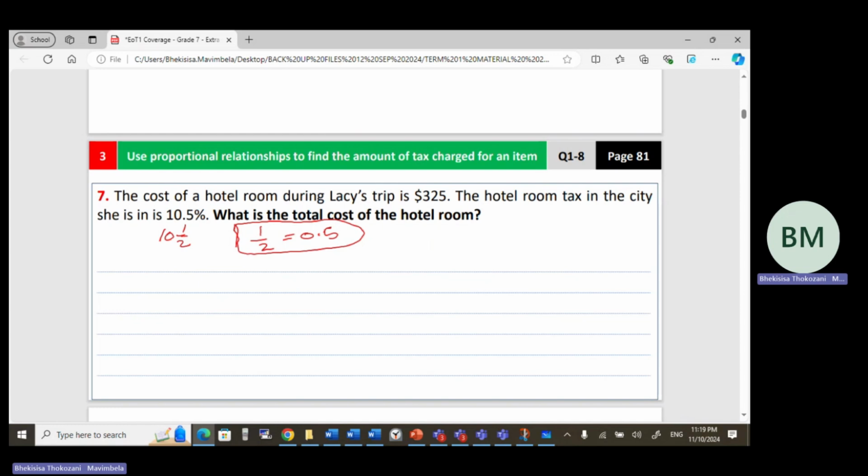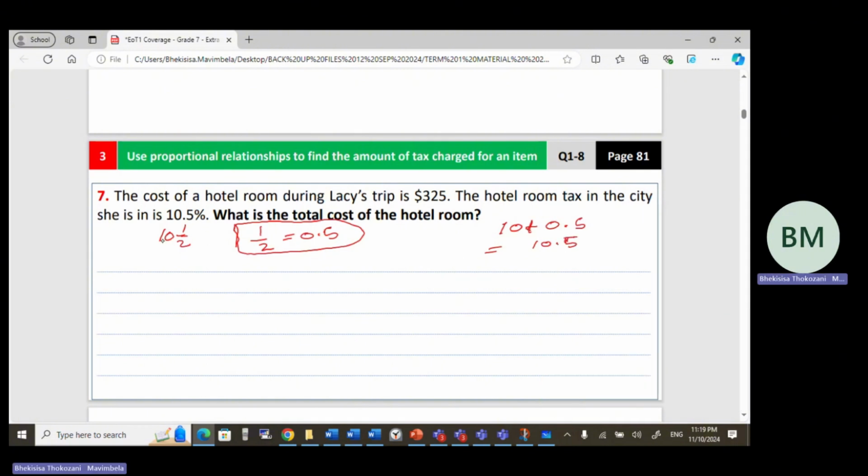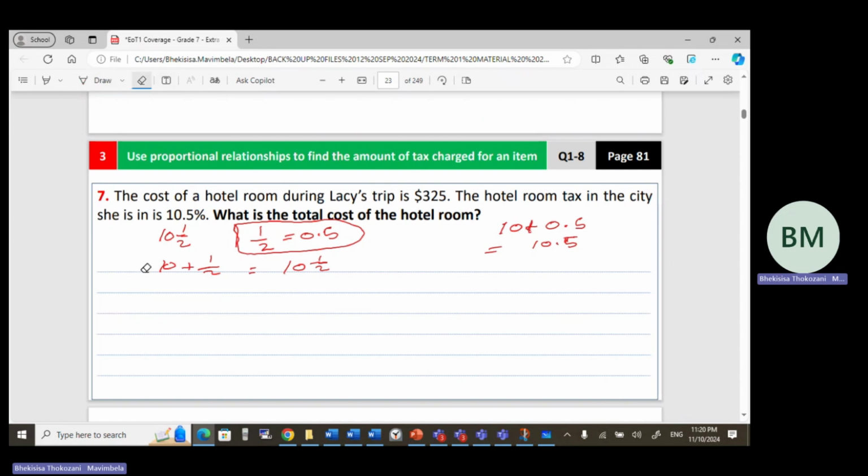So remember, 10 plus 0.5, your answer will be 10.5, right? Which is the same as 10 plus 1 over 2, which is equal to 10.5. I just thought I'd remind you of this first before we continue.